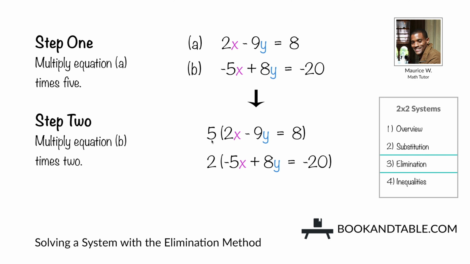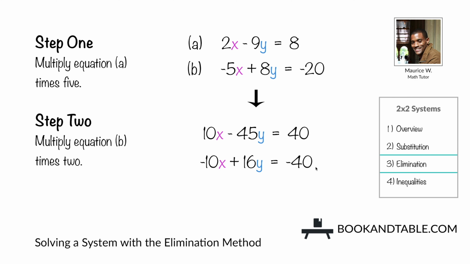When we do so, 5 times 2x is 10x, 5 times negative 9y is negative 45y, and 5 times 8 is equal to 40. And for equation B, 2 times negative 5x is equal to negative 10x, 2 times 8y is 16y, and 2 times negative 20 is negative 40.